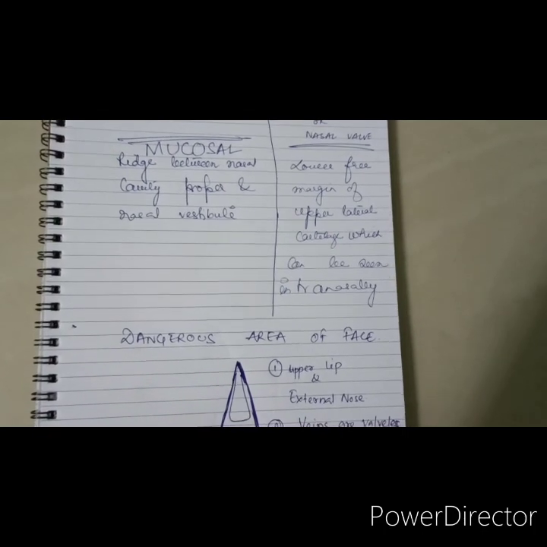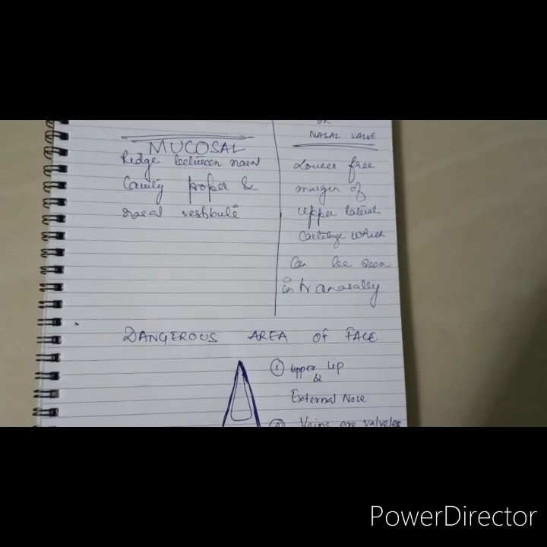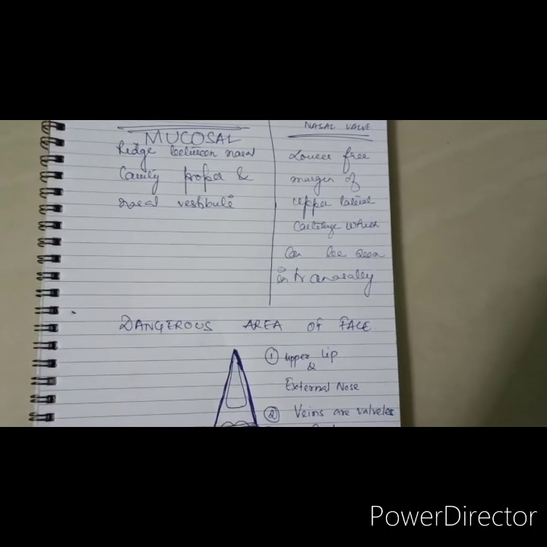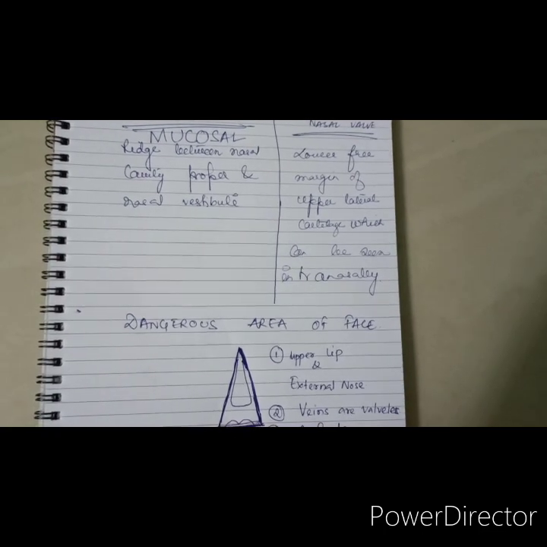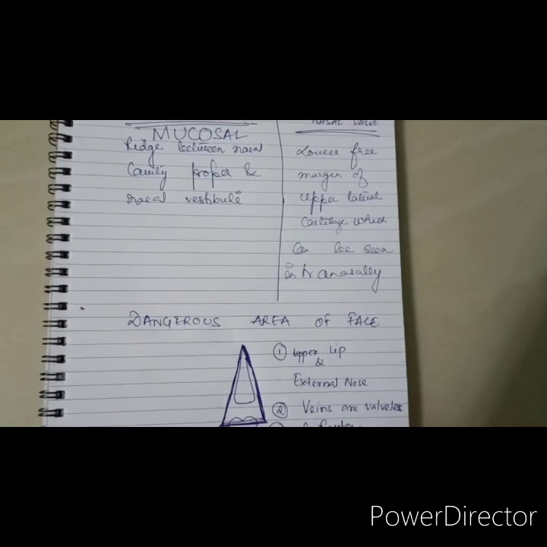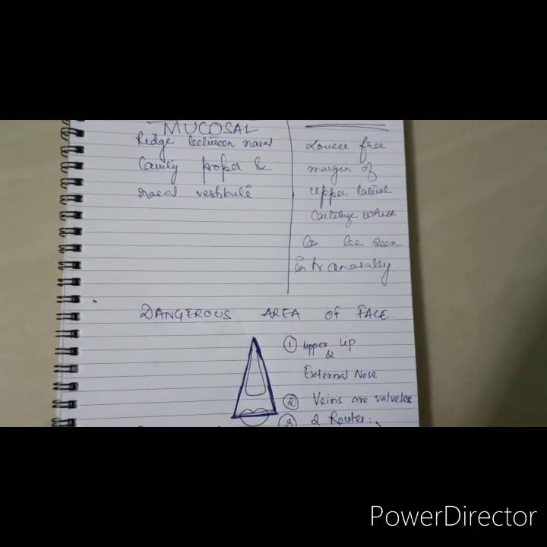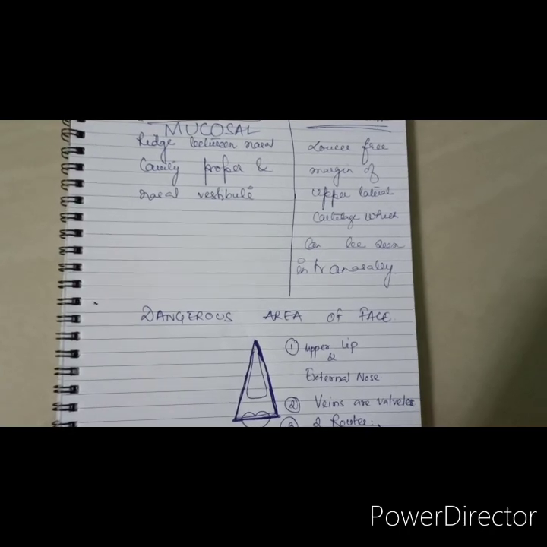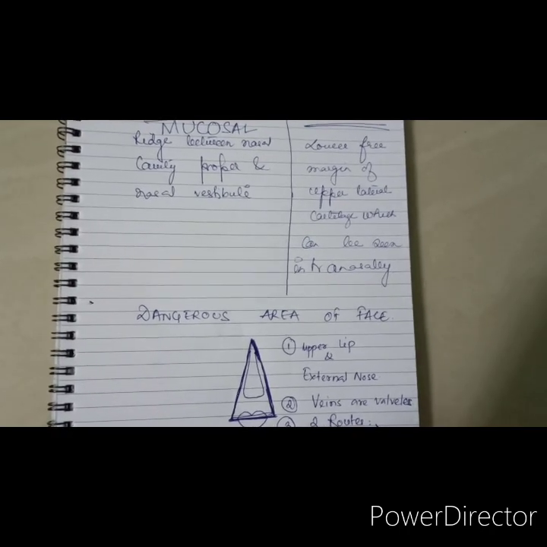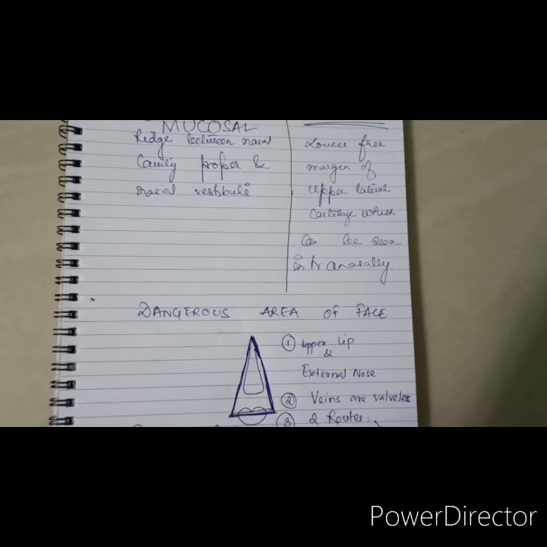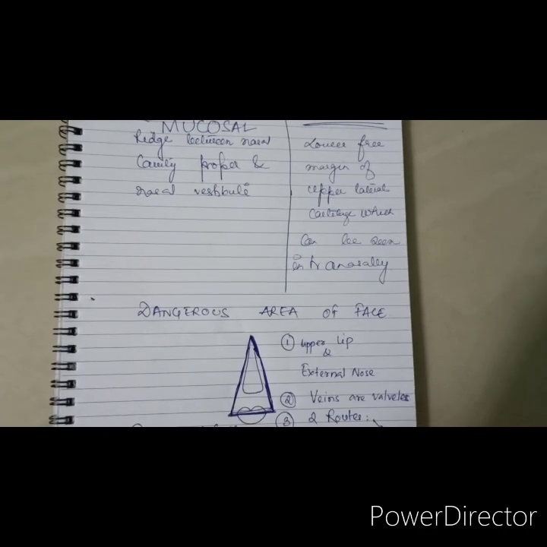Now, the dangerous area of the face. As you can see, I have broad-lined the area. This is the area which comprises the upper lip as well as the external nose, and the adjacent area is the dangerous area of the face. Why is it known so?